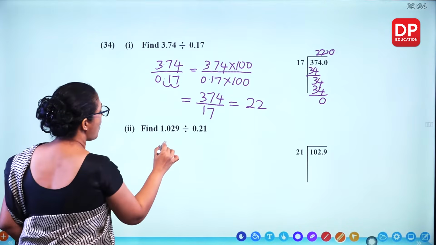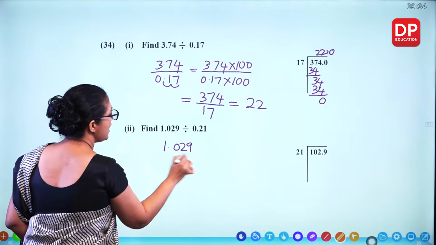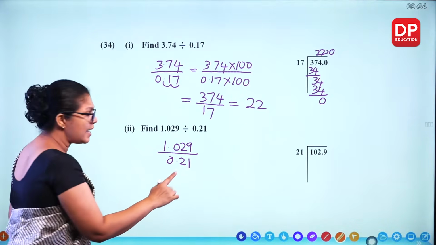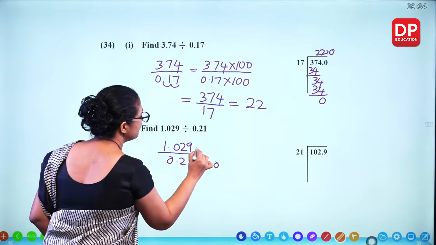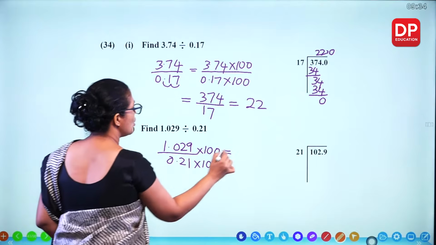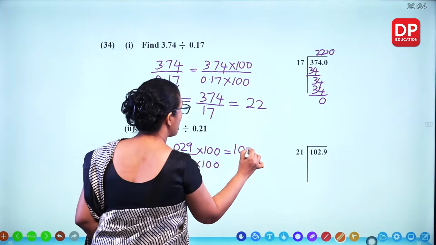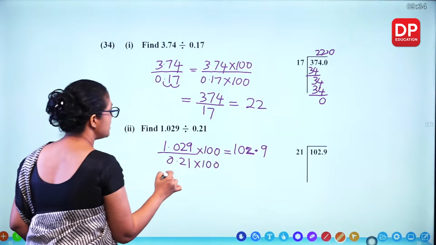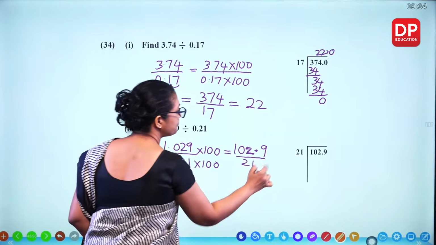This one, 1.029 divided by 0.21. You have to multiply by 100. When you multiply by 100, what do you get? 102.9. 102.9 divided by 21.